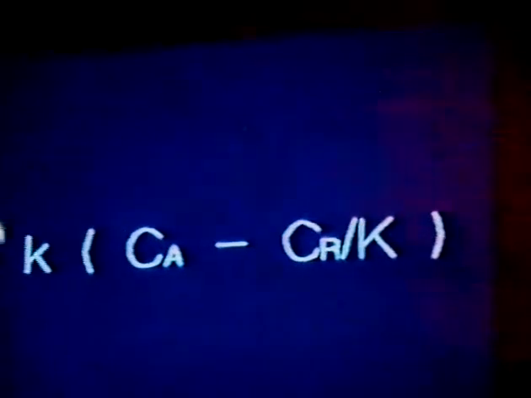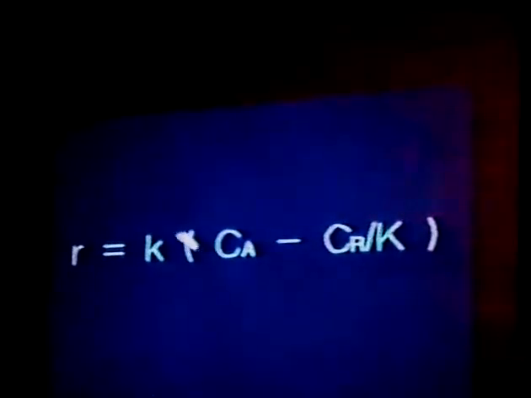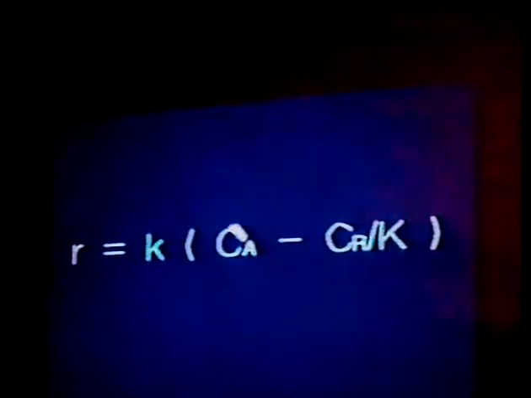Previous papers had reported a first order reaction dependence on isobutylene. And so here would be the first order rate equation, with Ca being the concentration of isobutylene, Cr the concentration of the MTBE in this reversible reaction.